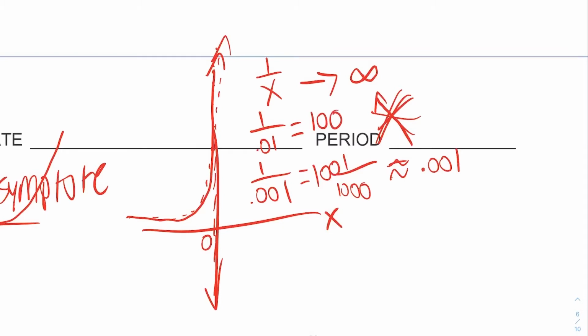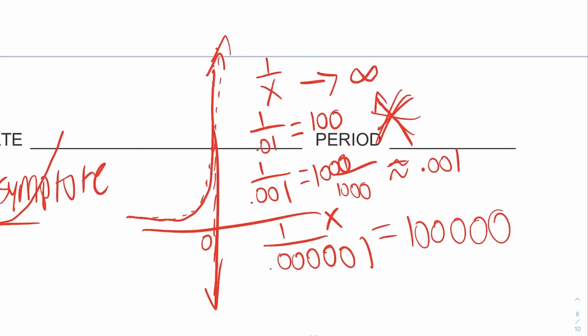Oh, this one's actually 100 because this one is 1,000. But the point is, the closer this decimal is to 0, because these decimals are just getting tinier and tinier and tinier, we're adding more zeros. And if we're adding more zeros, then we get closer to 0.